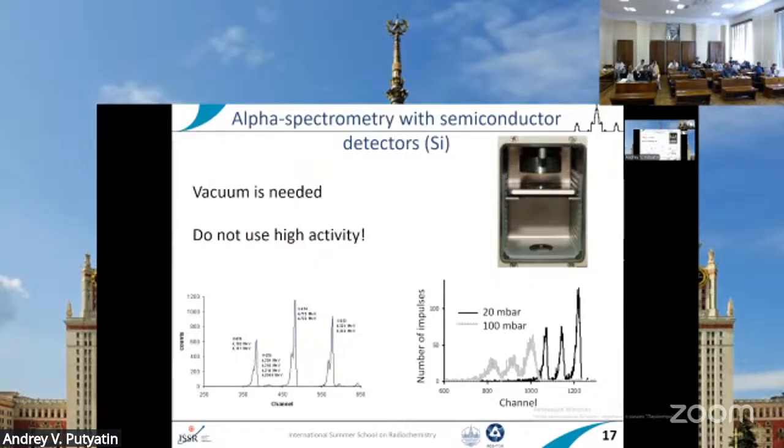For alpha particles, if we have, for example, difficulties with the separation of individual alpha emitters, for example, americium and curium, it is very difficult to separate them. Thus, in liquid scintillation cocktail, it will be difficult. The energy resolution in liquid scintillation is very poor, so these two elements cannot be seen separately in a liquid scintillation spectrometer.